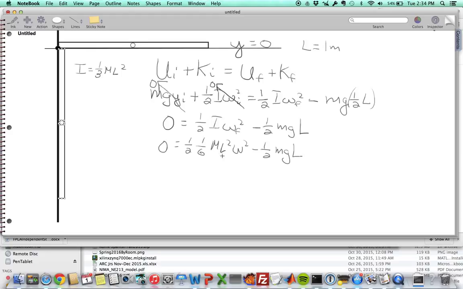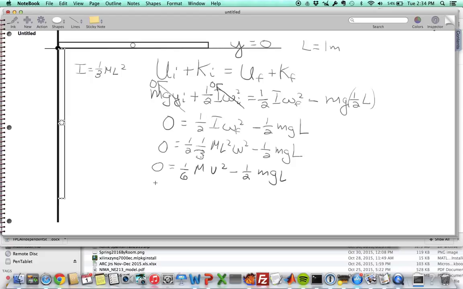Now this L squared omega squared is really the velocity squared, so I'm going to have 0 is equal to, I'm sorry, this should be 1/3, so let me erase that. So this is going to be 1/3, and this is going to be 1/6 mv squared minus 1/2 mgl.